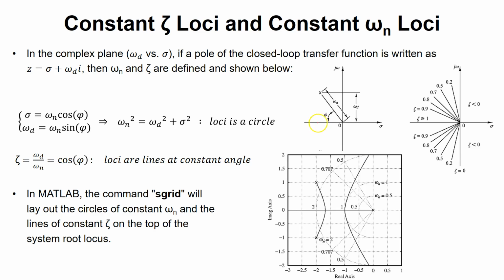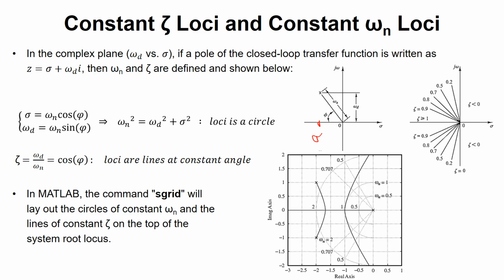So the real part of the pole, we show it by sigma, and the imaginary part of it we show by omega d, and the angle formed by this pole, the vector between the pole and origin, we call it phi with respect to, of course, the negative real axis.